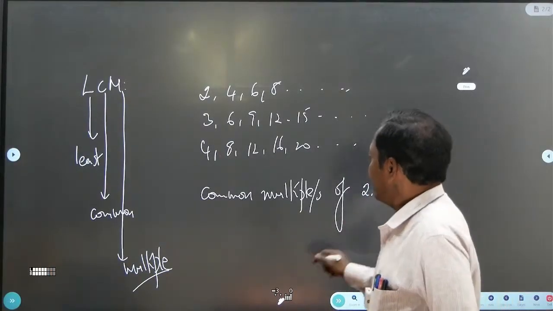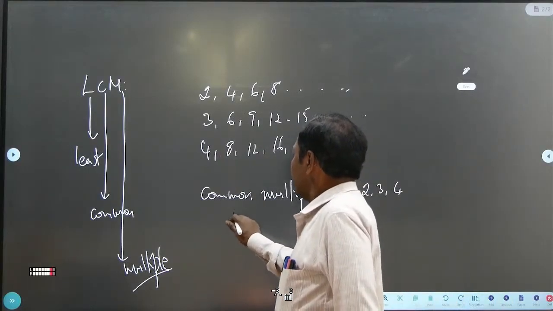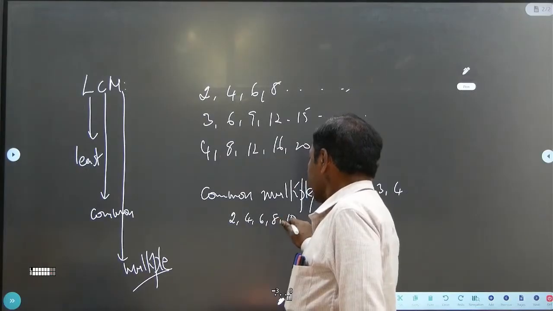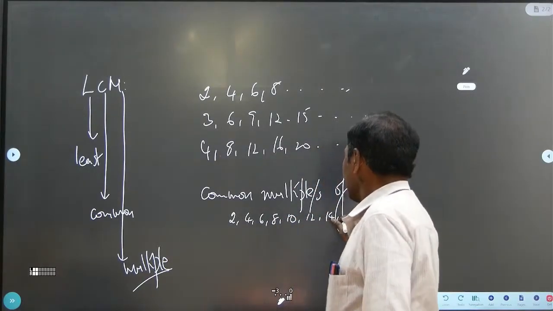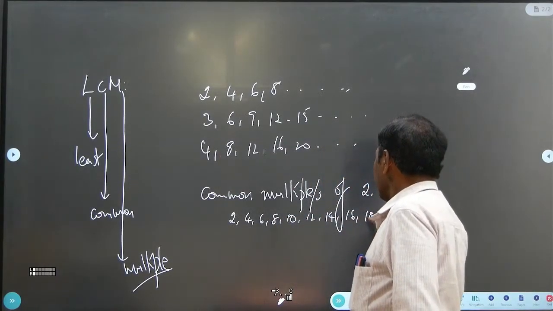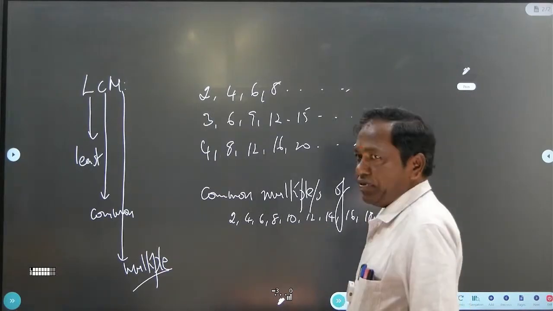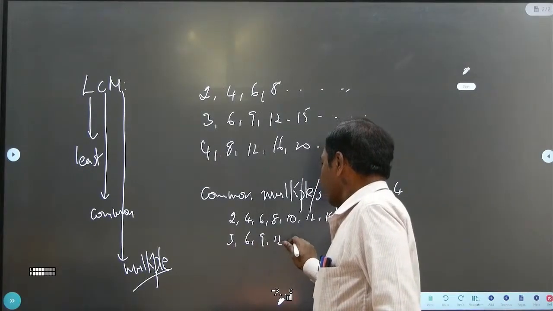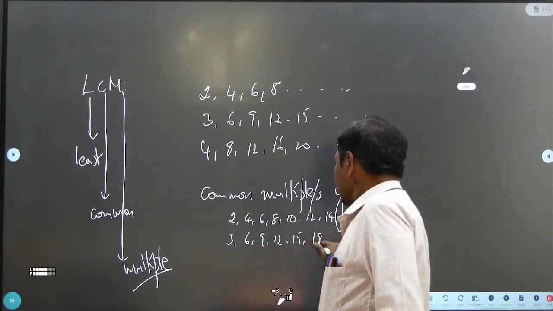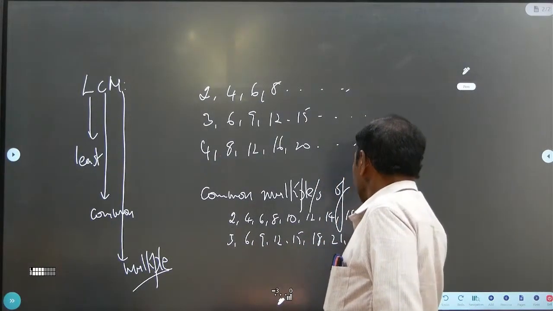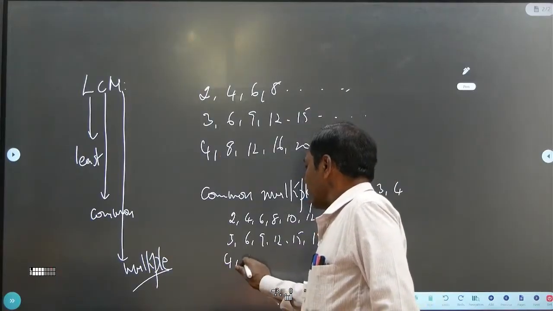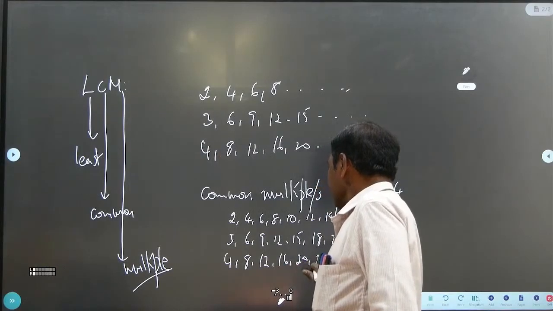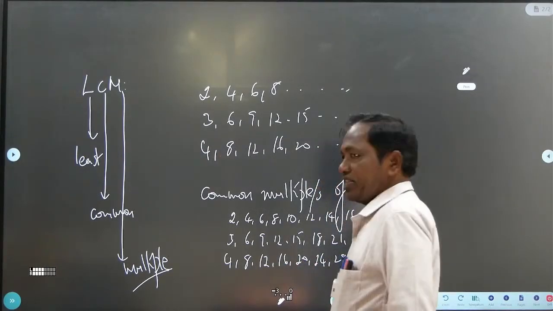What is the multiples of 2? 2, 4, 6, 8, 10, 12, 14, 16, 18, and 20. Multiples of 3: 3, 6, 9, 12, 15, 18, 21, 24. Multiples of 4: 4, 8, 12, 16, 20, 24, and 28.